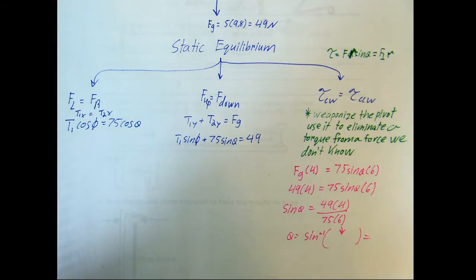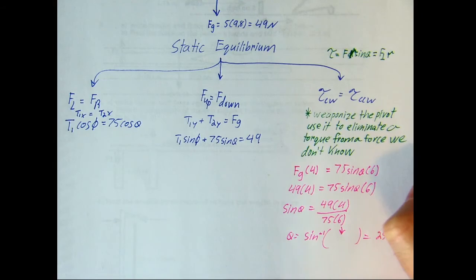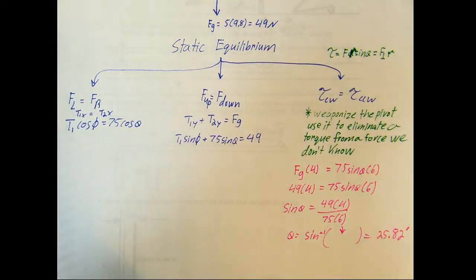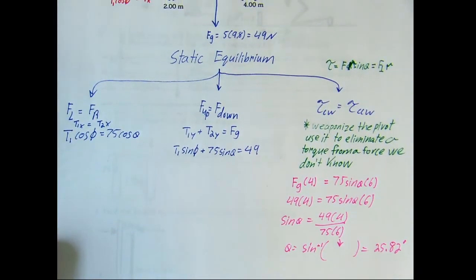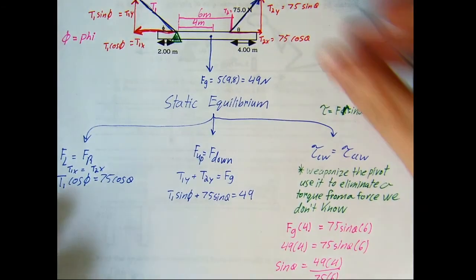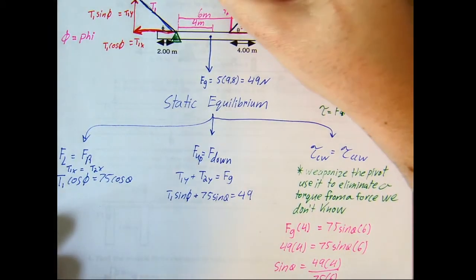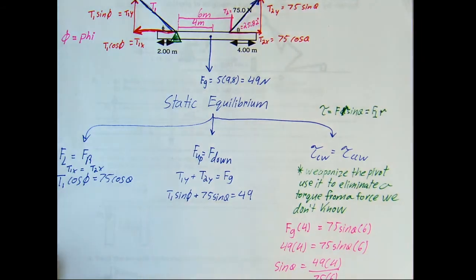Be careful how you punch that into your calculator. We're going to get an angle here of 25.82 degrees, the first piece of information that we've needed. So this angle right there is 25.82 degrees.